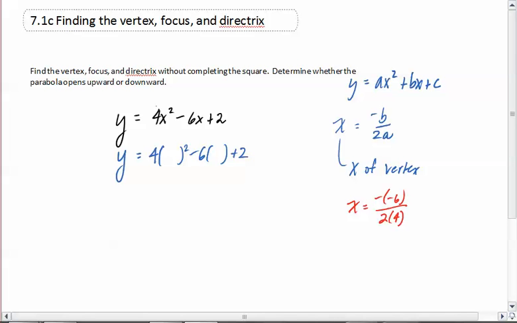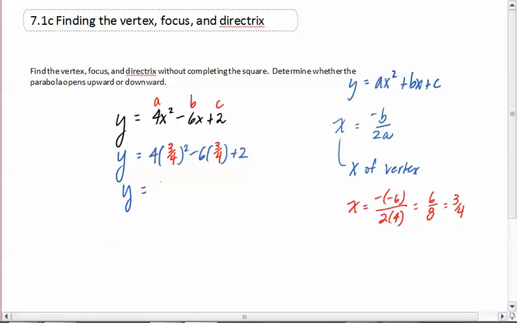I've gotten that a is 4, b is negative 6, and c is 2. So negative negative 6 over 2 times 4 gives me a positive 6 over 8, and we're going to reduce that to 3/4. So we're going to put the 3/4 right here, and we're going to find the y value of our vertex.